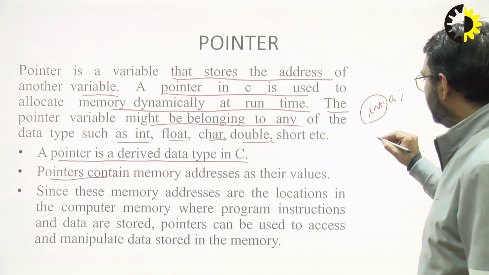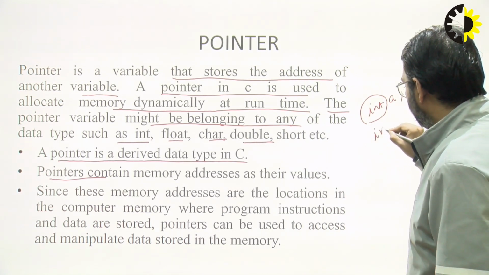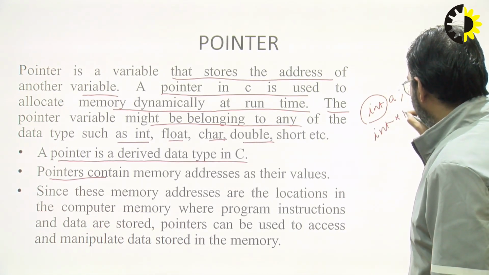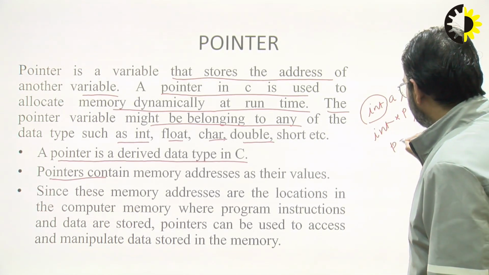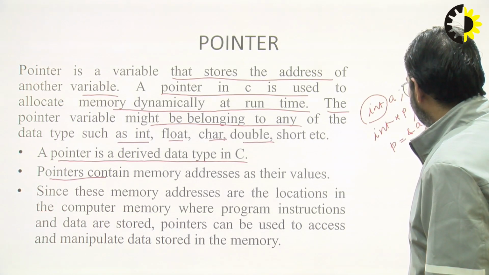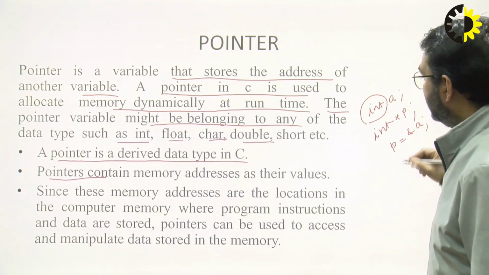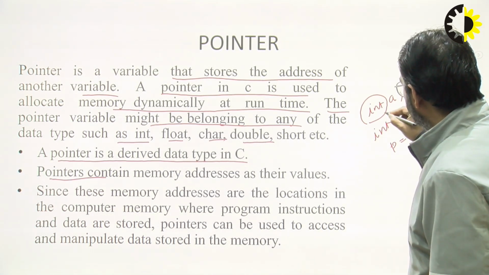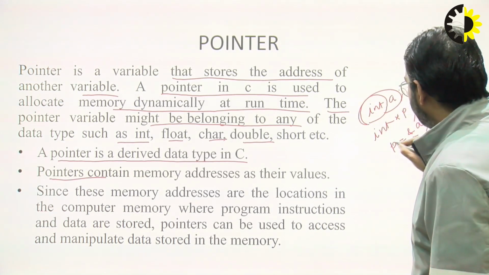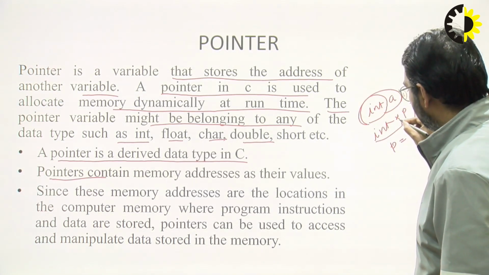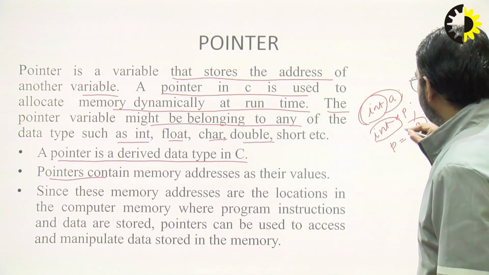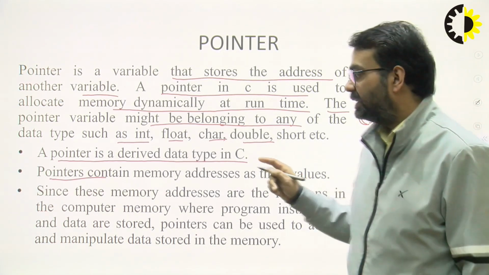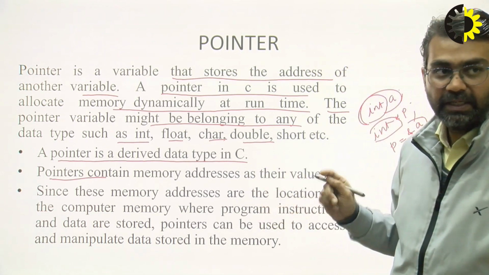Now if we declare a pointer, int *p, it will store the address of another variable of integer type, and the type of the pointer is defined by the value stored at that particular location. So it is a derived data type, not a primitive data type.